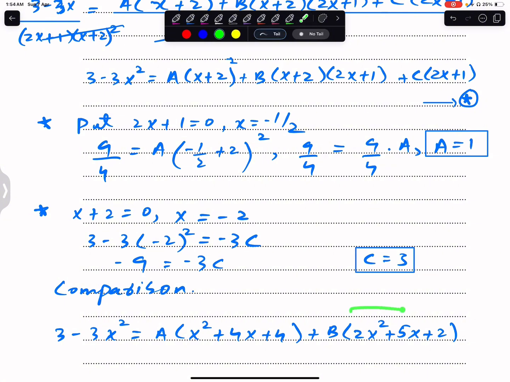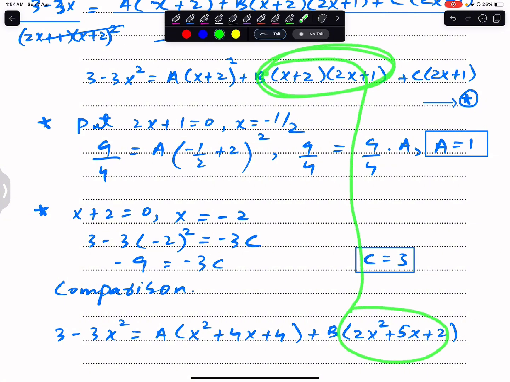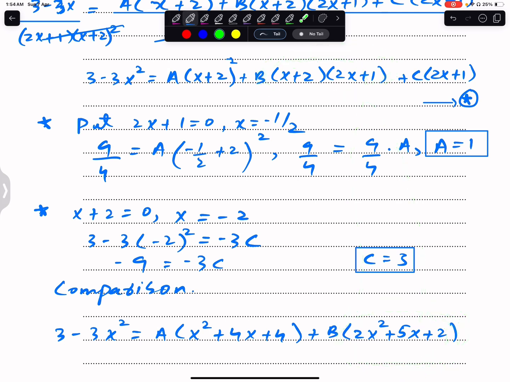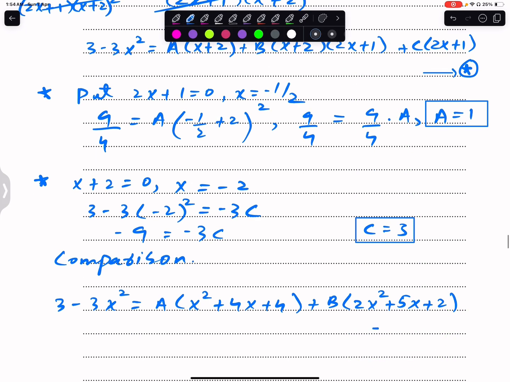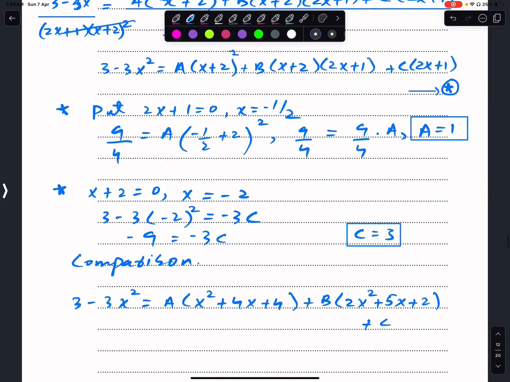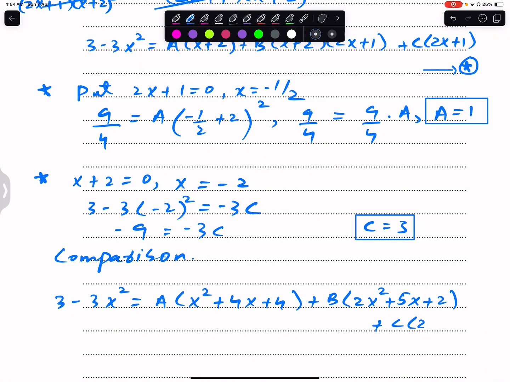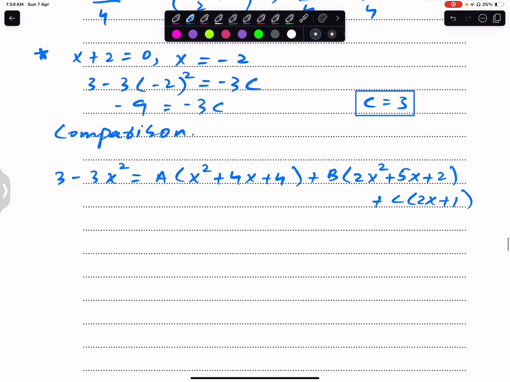I am multiplying these two brackets mentally, and I got 2x square plus 5x plus 2. And then plus c times 2x plus 1.